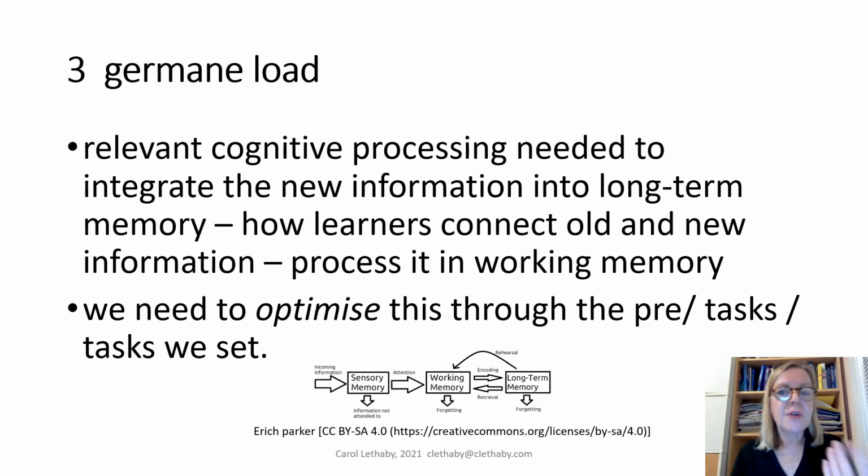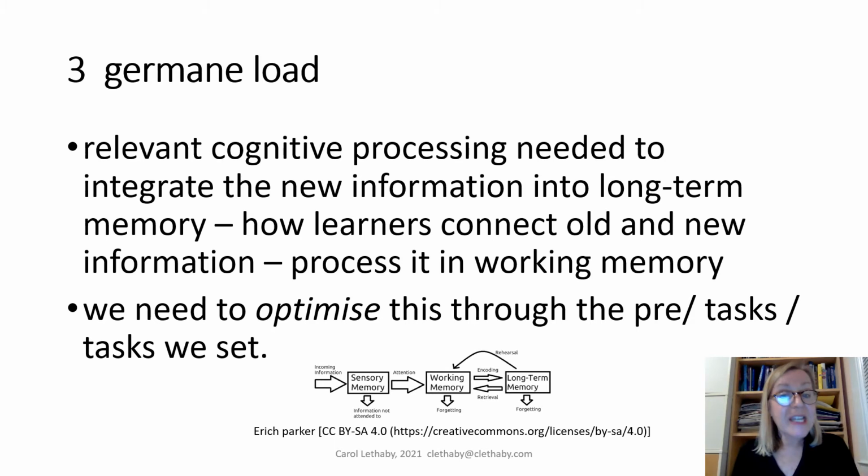And the third type of load is the so-called germane load. Germane load refers to the cognitive processing needed to integrate the new information into long-term memory. So again, what we've been talking about here, the way that learners can use their prior knowledge, what they know already in their background knowledge, to connect to new information and practice in order to make this information automatically retrievable.